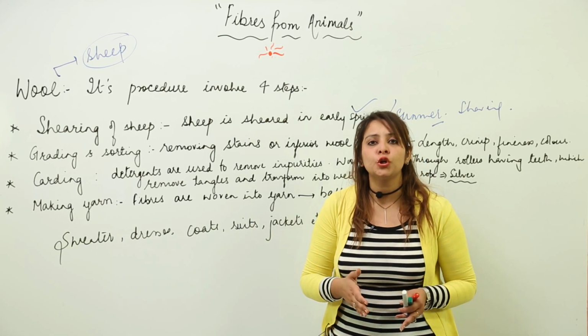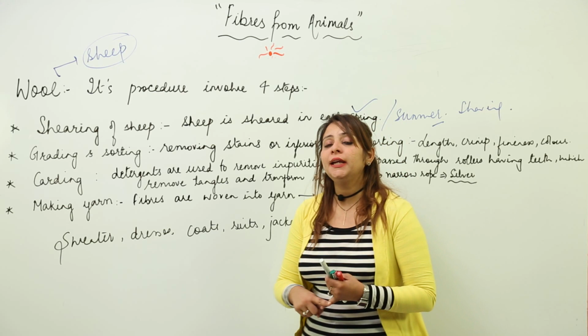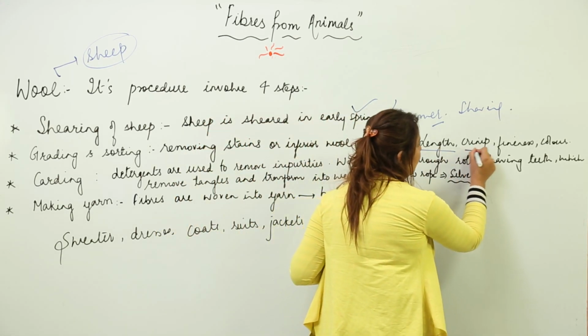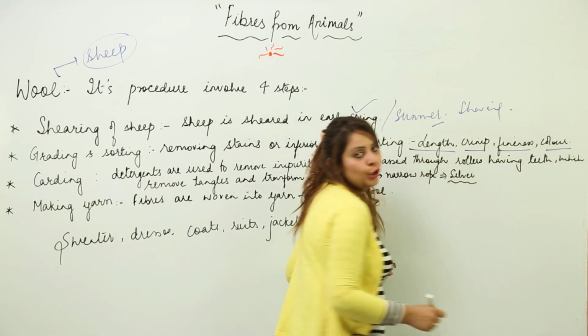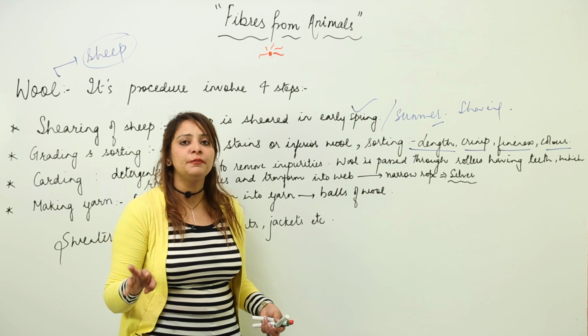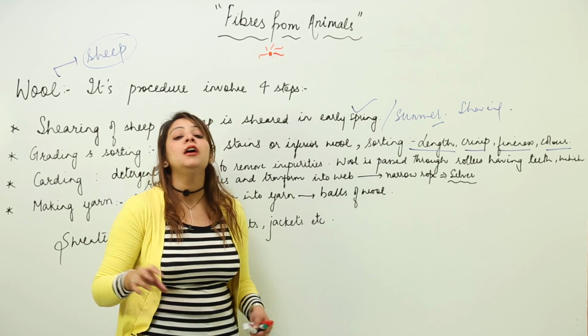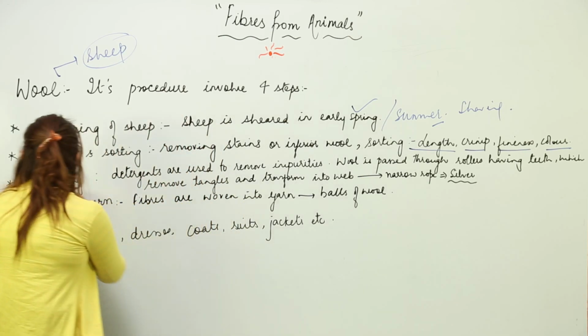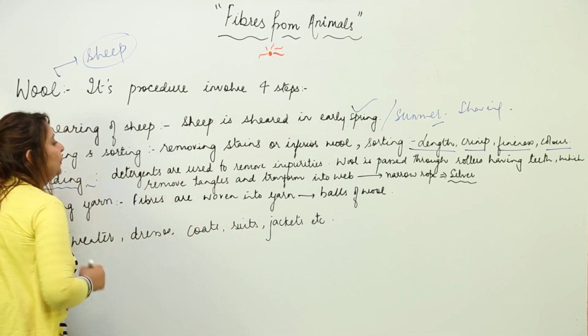So that is called sorting. And you know that sorting is done mainly on the basis of length, crimp, fineness and color. So taking into consideration these 4 factors, that is the length, crimp, fineness and the color, we sort the wool fibers. Then carding is done, followed by carding.